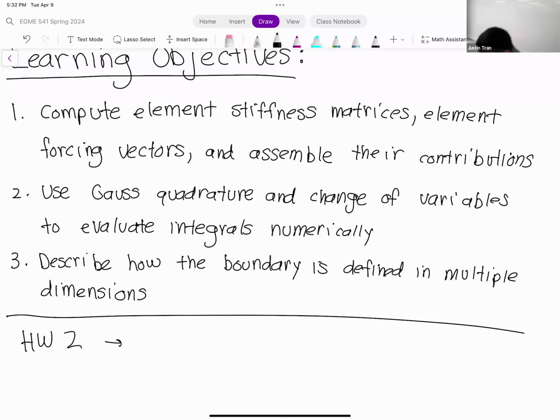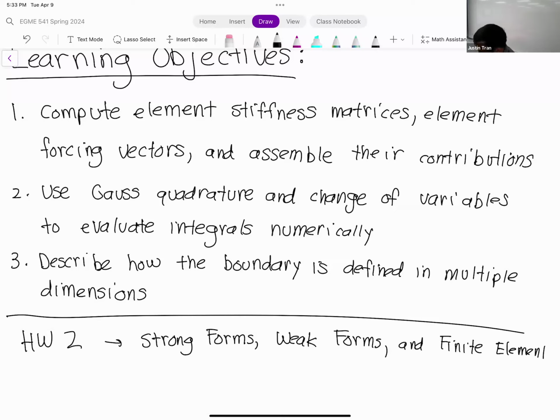It is based on a lot of what we've been covering so far: strong forms, weak forms, and the last topic for this homework is finite element forms, which we're going to finish up today.